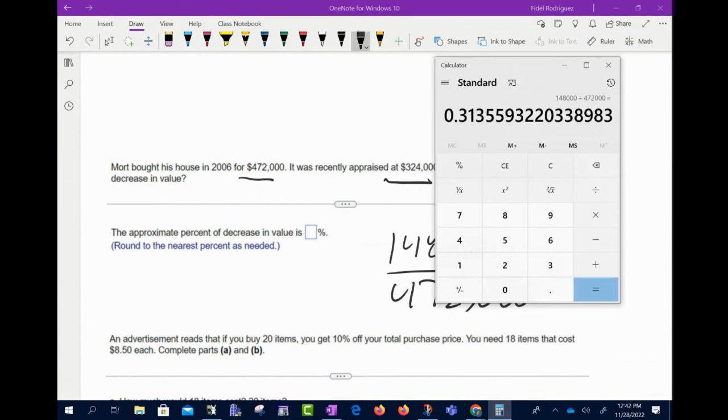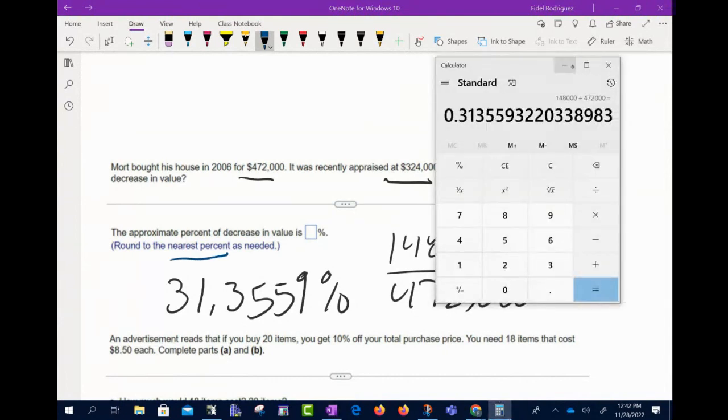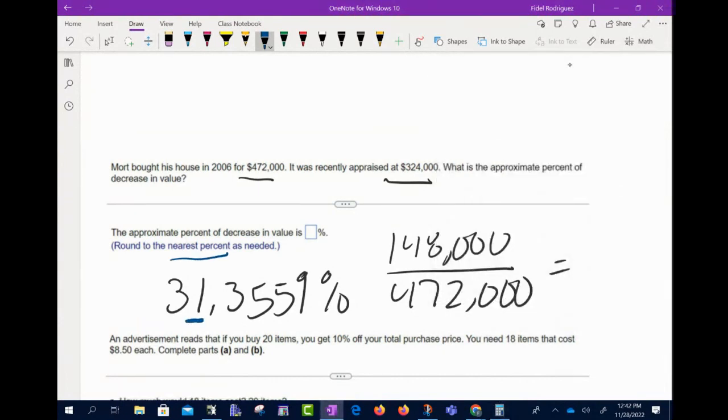Okay. So I'm coming up with a whole bunch of decimals here, and it says round to the nearest percent as needed. So notice, y'all, if I move my decimal point two spaces to the right, I would end up with 31.3 and some other stuff, 3559, right? If I'm going to round to the nearest percent, they're telling me round to the nearest whole number. So that's the number that I want to round.